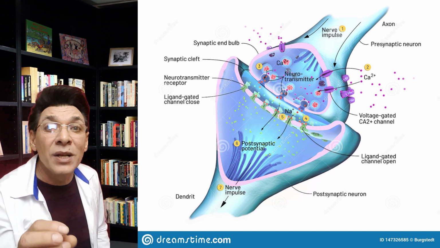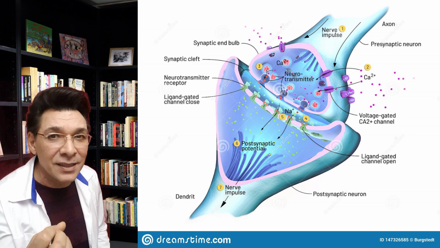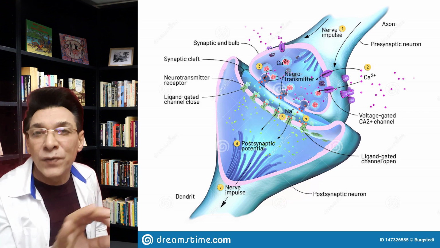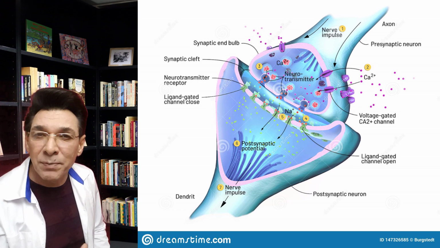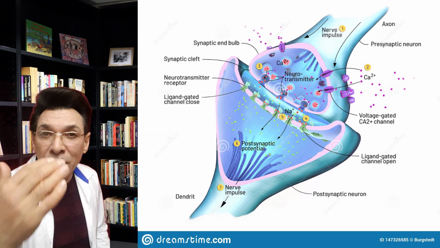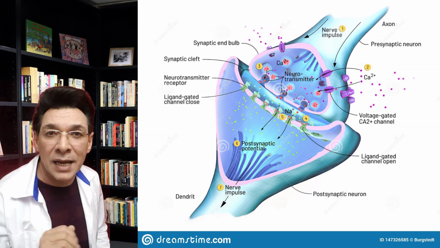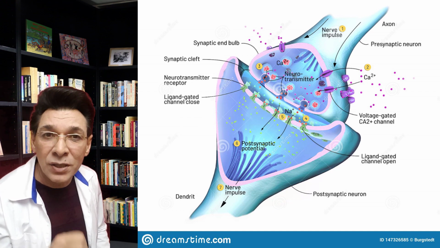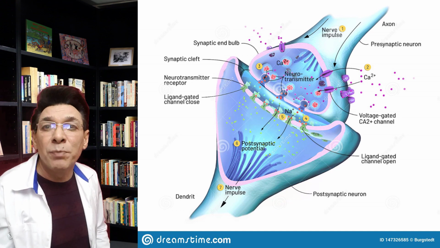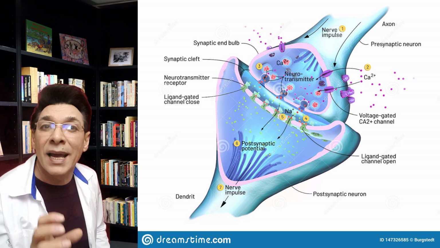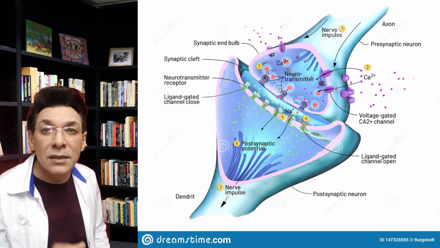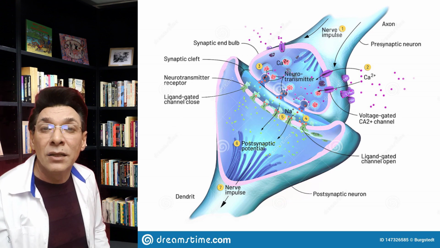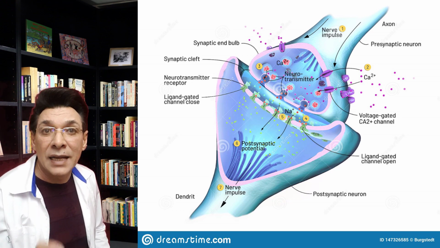Acetylcholine is released from vesicles located in the presynaptic membrane and diffuses across the synaptic cleft between the presynaptic and postsynaptic membrane. Acetylcholine binds to receptors and triggers depolarization of the postsynaptic membrane. Acetylcholine then is removed by acetylcholinesterase.